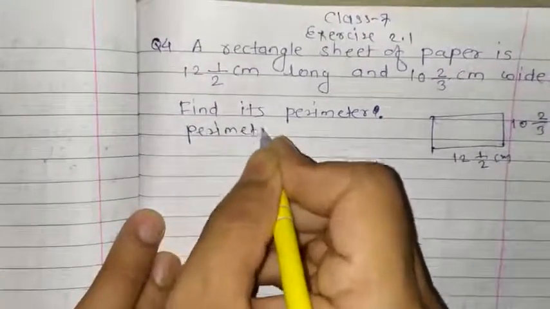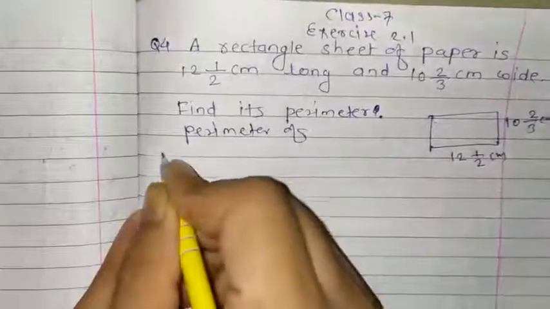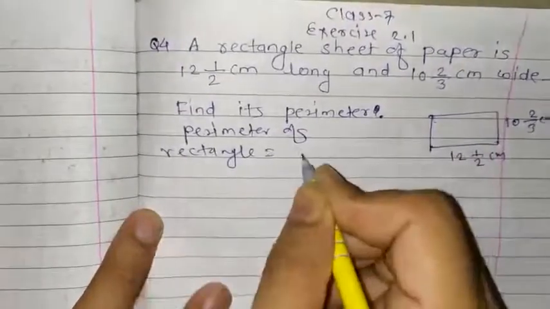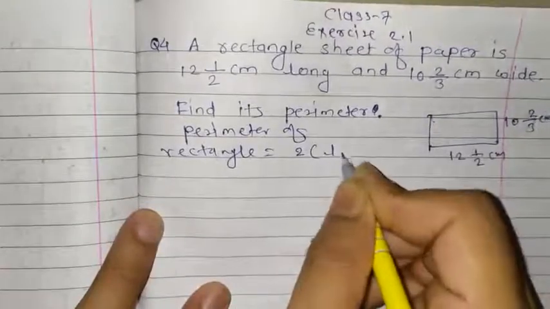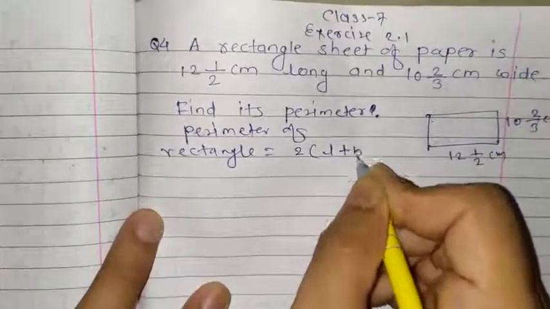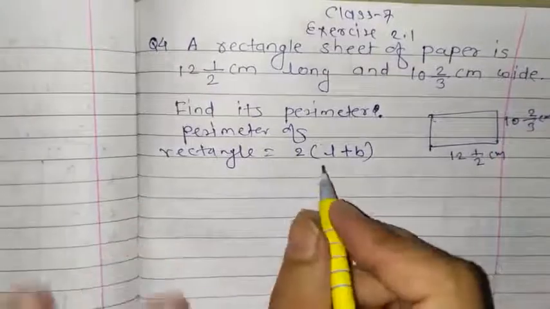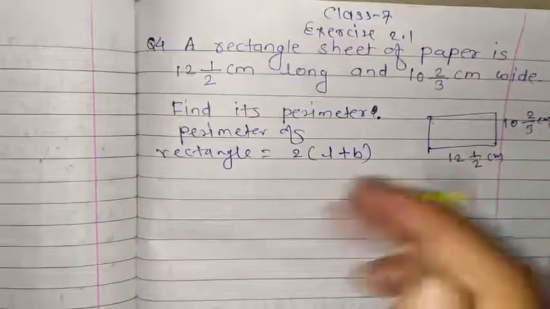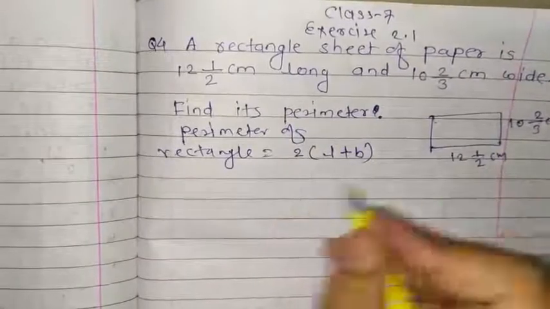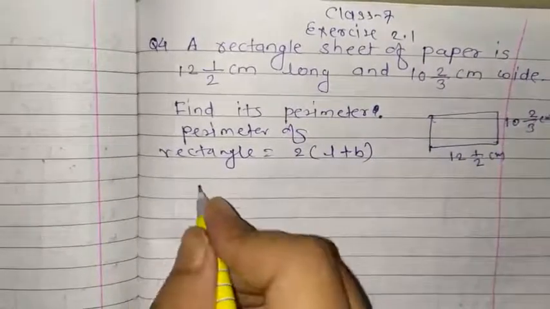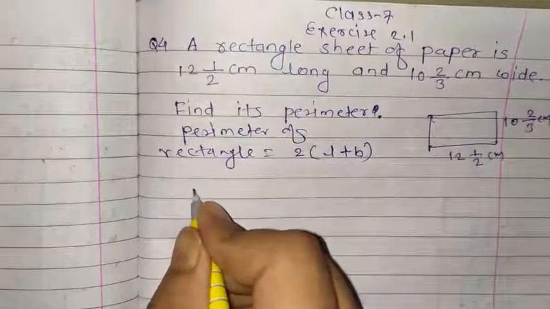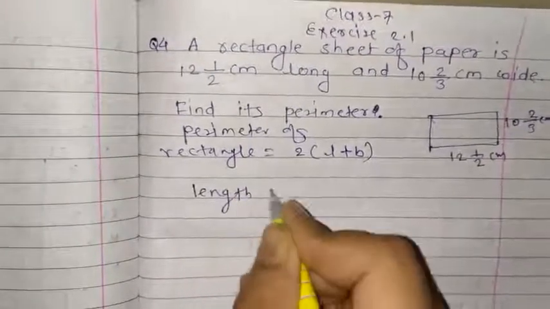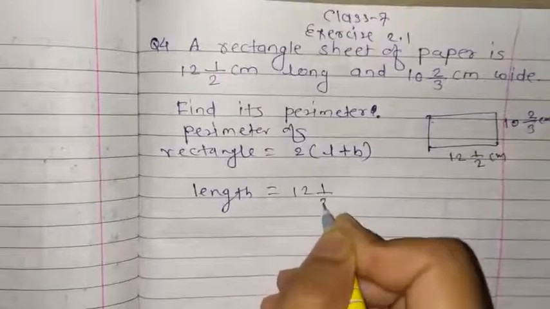Perimeter of a rectangle. The formula is 2 times length plus breadth. Okay, so here the length is given and this is nothing but the breadth. In this question we have the length equal to 12 1/2 centimeter.